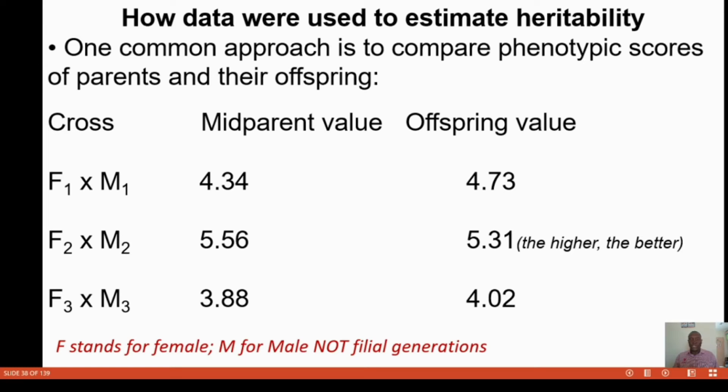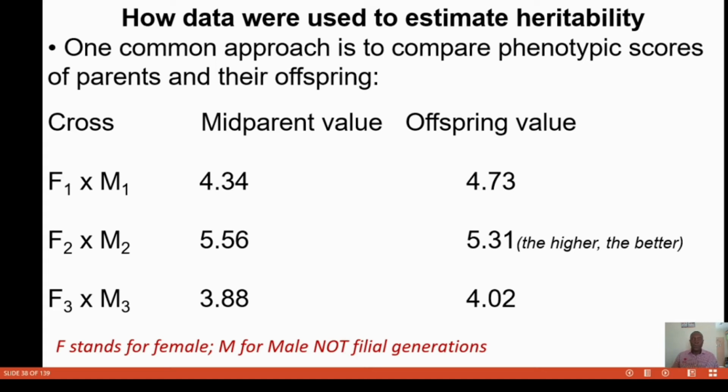Let's note here that F does not stand for F1 or F2 or F3. F stands for female, and M stands for male. These are not filial generations.